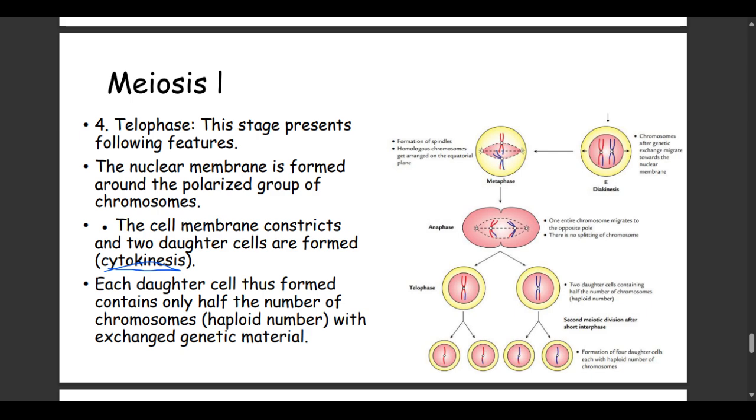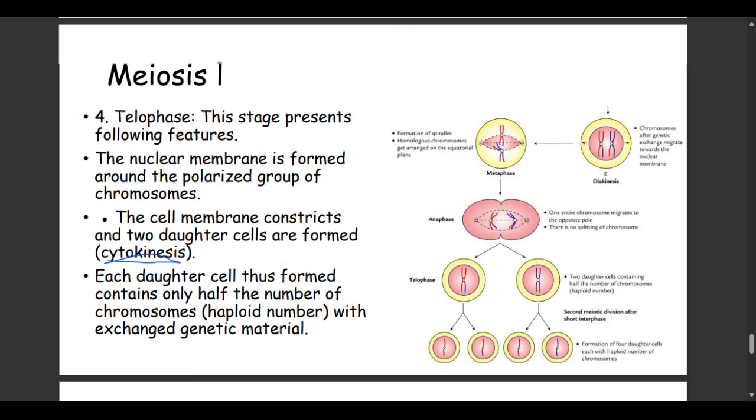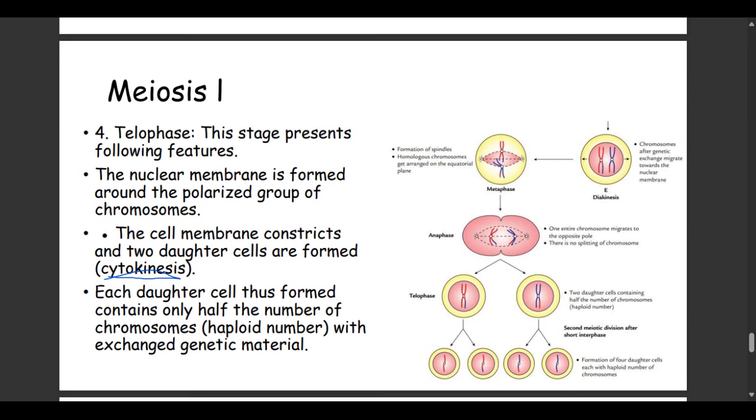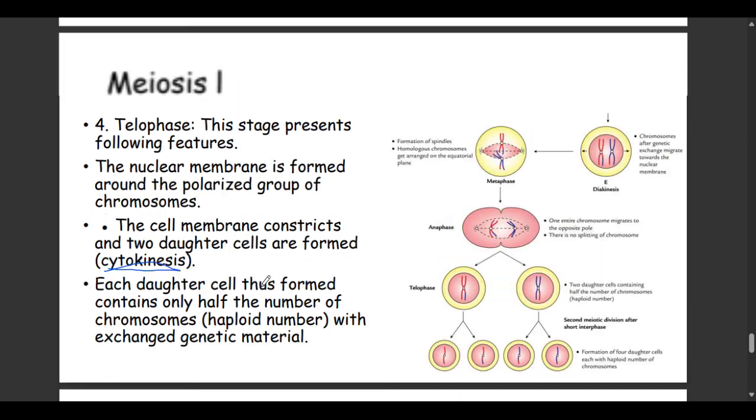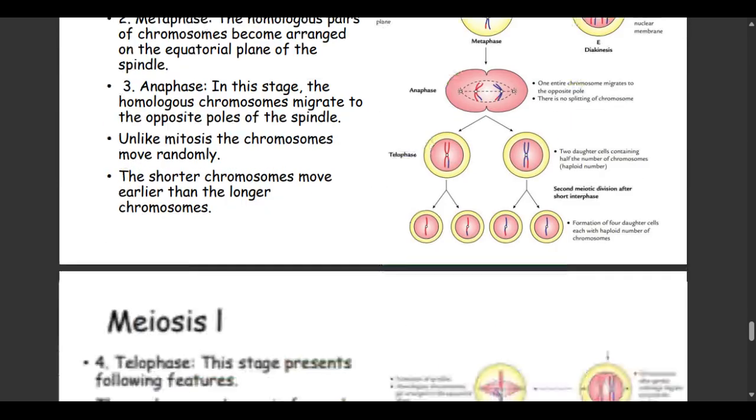So at the end of meiosis 1, this meiosis 1 is known as reductive division, because at the end of it you're going to have half the chromosome number, and that happens due to the separation that we had. Although these strands are still going to be double, they're just duplicated. That is what is happening here.